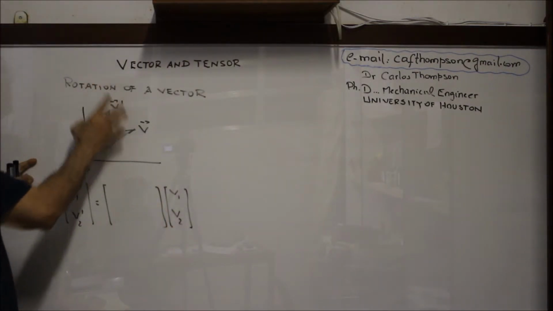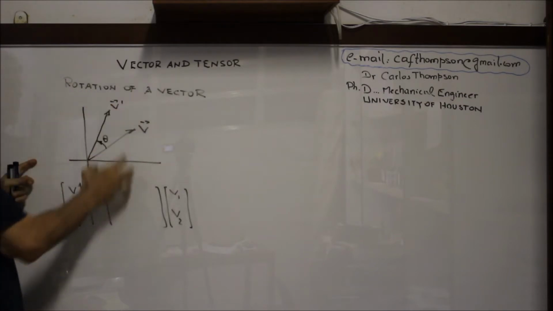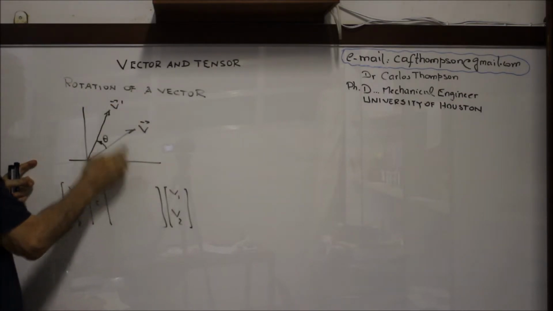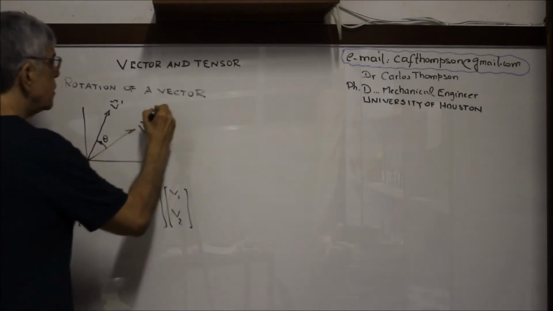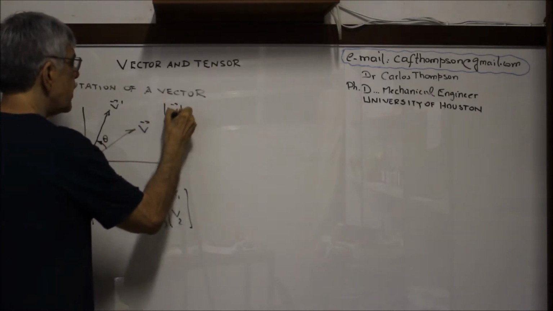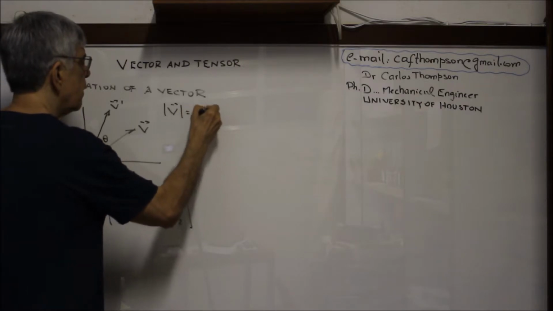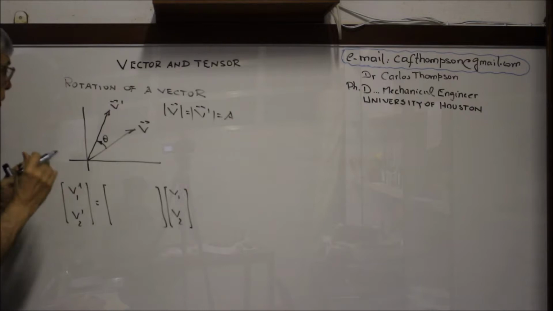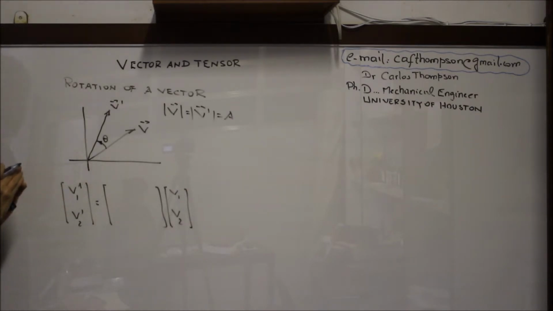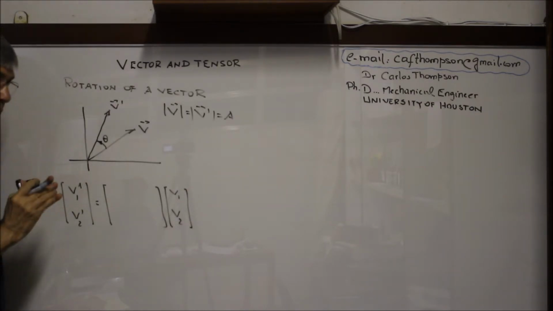We have seen this case over here, the rotation of a vector. Obviously, the sizes of these vectors are equal, I called A. Now, I will give you a hint.